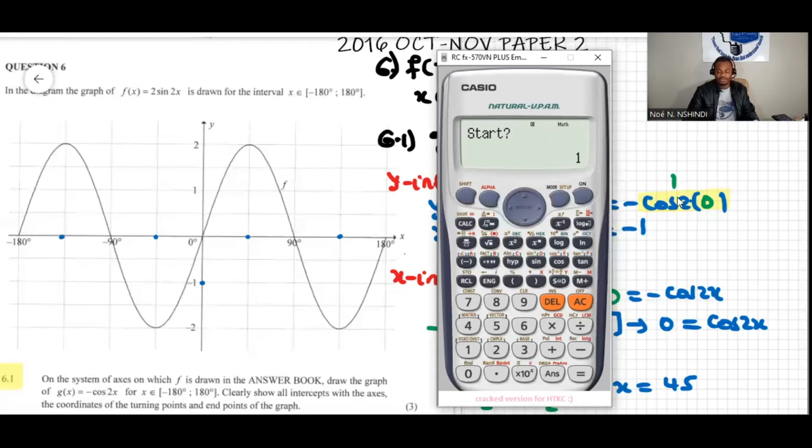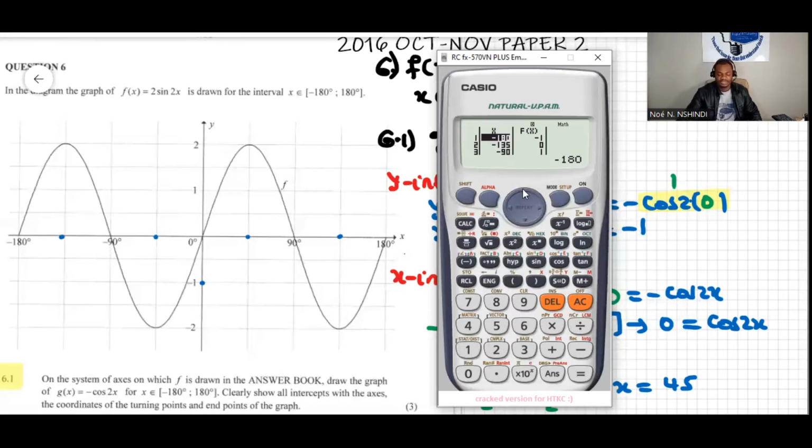The lowest boundary, the start value, will be negative 180 degrees, and the upper value will be 180 degrees. So I enter negative 180, equal, 180 degrees, equal, and for the step I will take 45. Now, when you hit equal, we have the table of values.